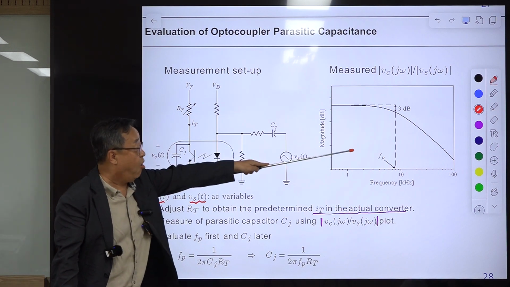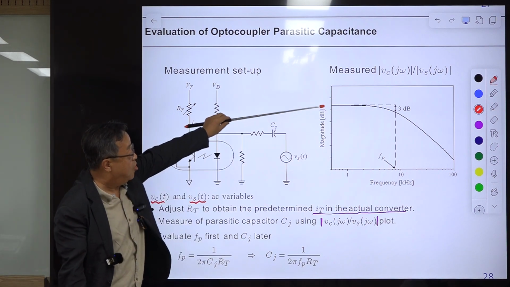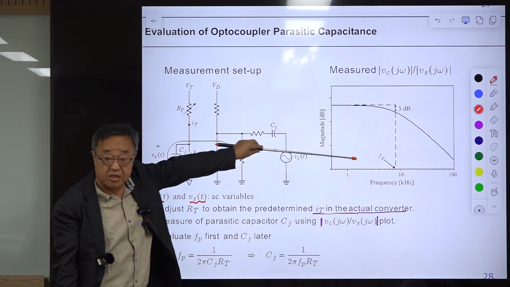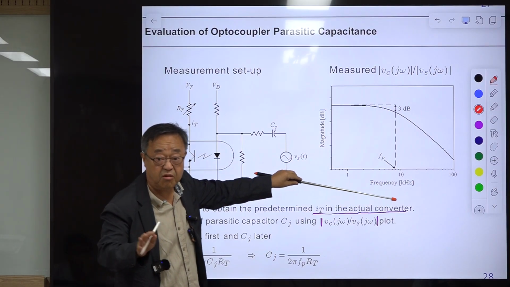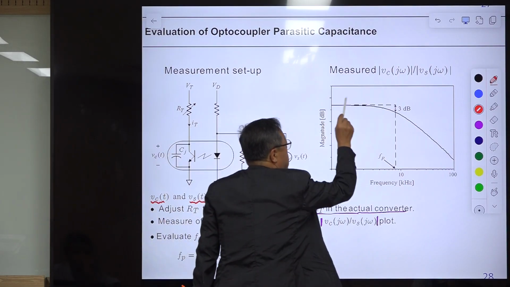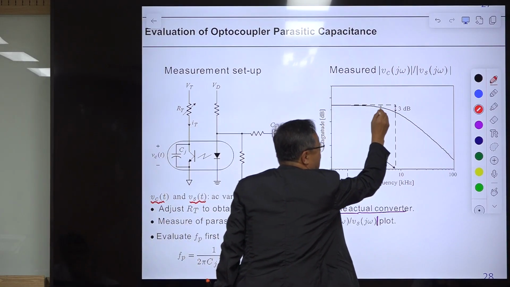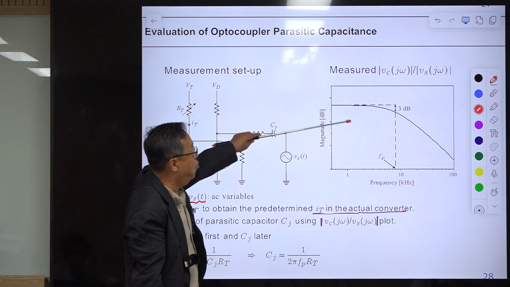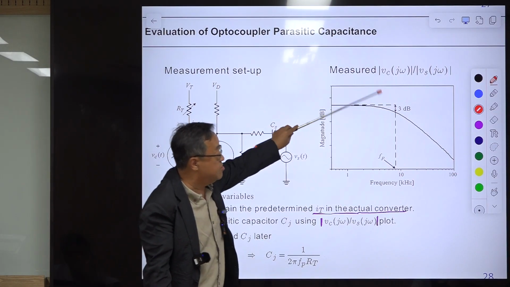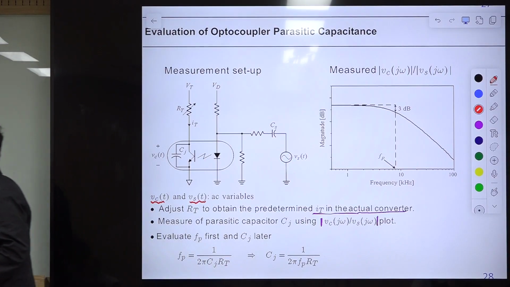Then for this curve, you need some equipment to measure this continuous curve, or you use a simple oscillator and a simple scope. Then you will have dots, discrete data points. Then from those points, you obtain this and estimate this corner frequency, the 3 dB frequency. All right.